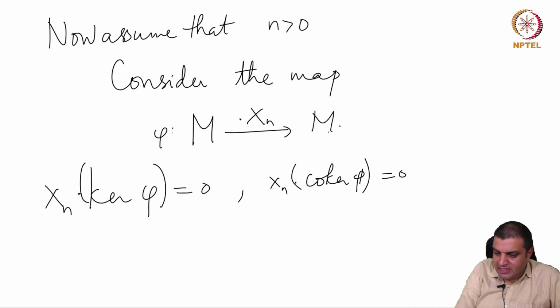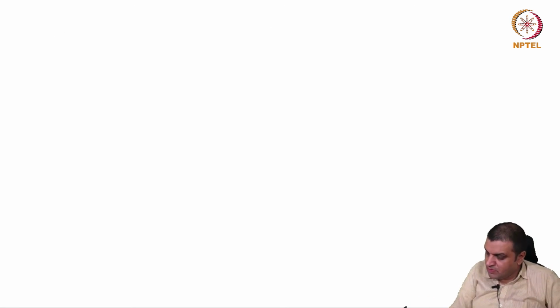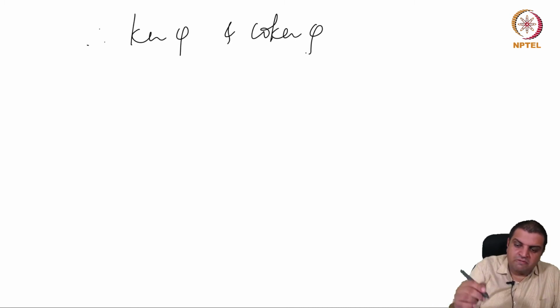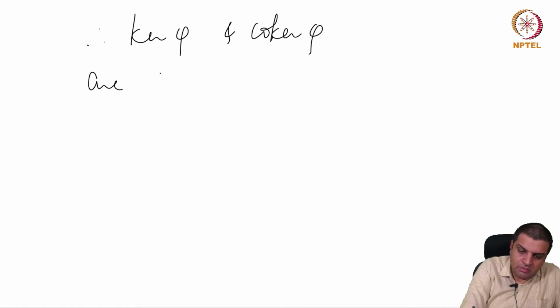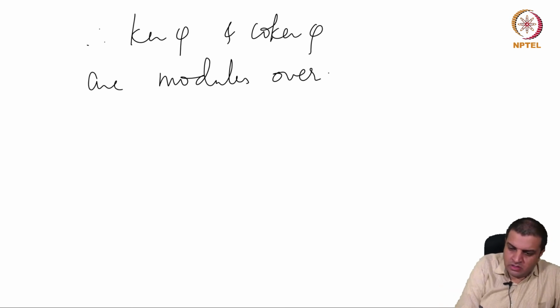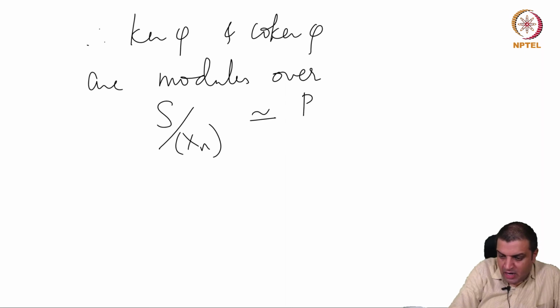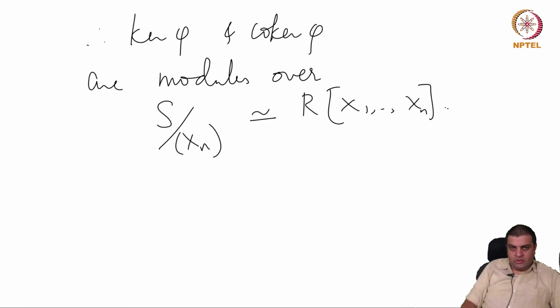Because co-kernel means M modulo the image of this map, anything in M gets multiplied by xn precisely into the image of this map, so it will go to 0. The co-kernel will be 0 under xn. So in other words, the kernel of phi and the co-kernel of phi are modules over S modulo xn, which is isomorphic to the subring R adjoin x1 through x(n-1).